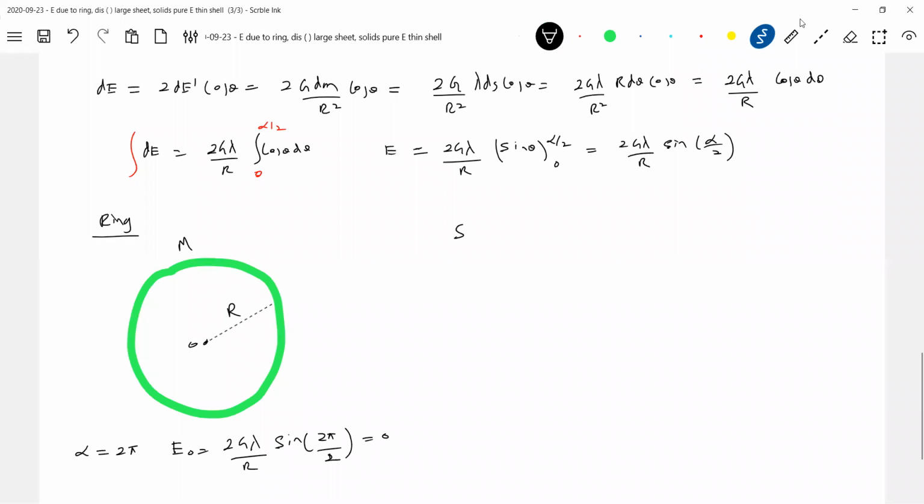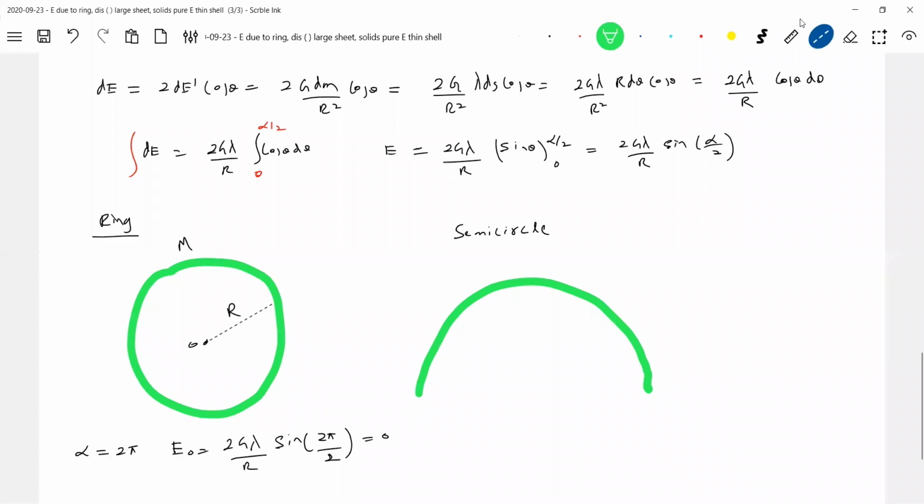Next, the semicircle. Let this be the lambda, at the center of the semicircle. What is alpha here?